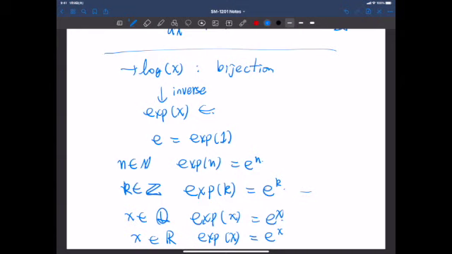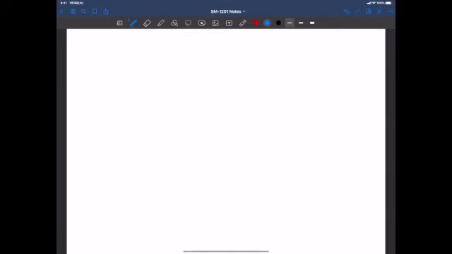The next step is to extend this function to the complex domain. Okay, here's a definition.